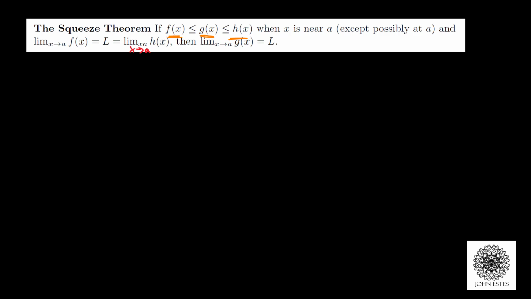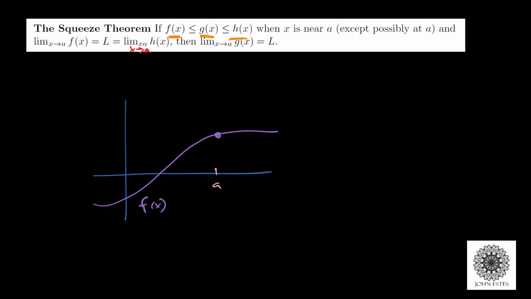And what this is saying is, if I have a graph, so let me make a graph, and let's specify point a, and the f function goes something like this. So it crosses a right here. Maybe it trends towards a around that. So this is my f.